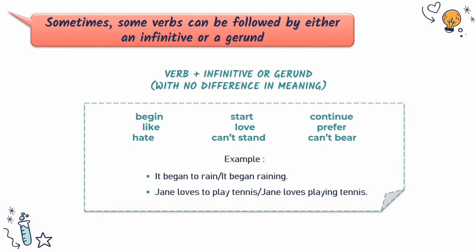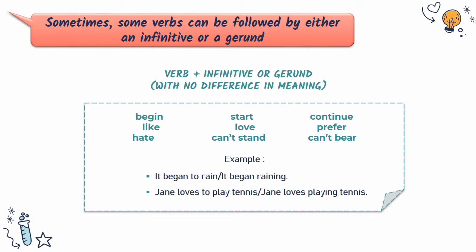Do you know that some verbs can be followed by either an infinitive or a gerund? That's a bit tricky anyway, but don't worry. I'll explain it to you all. So the first one is verb plus infinitive or a gerund with a little or no difference in meaning.